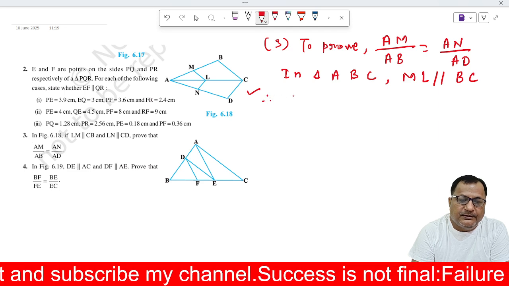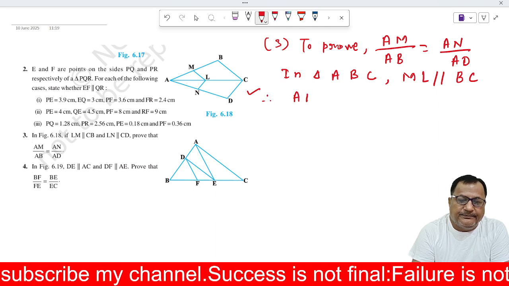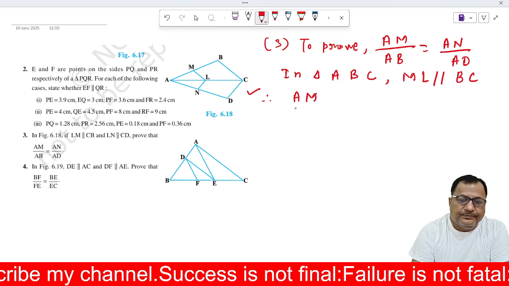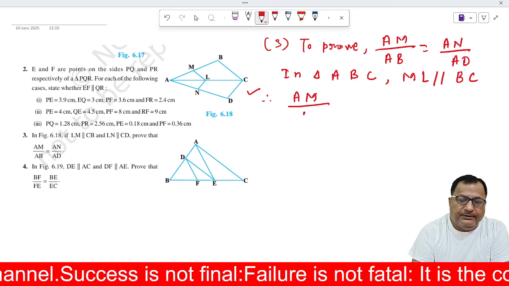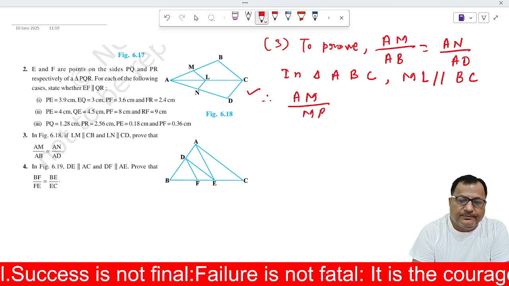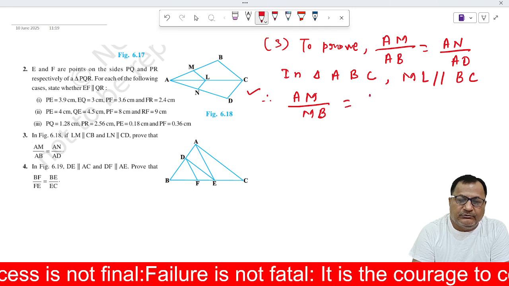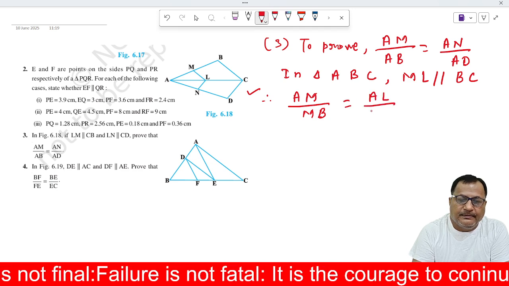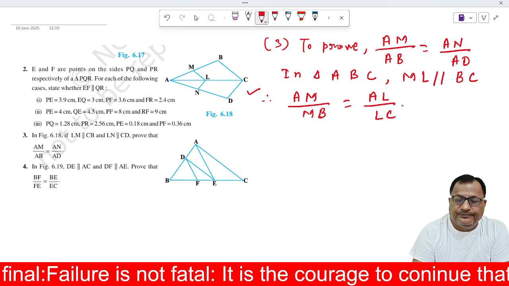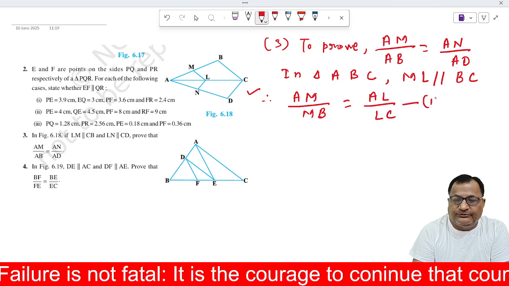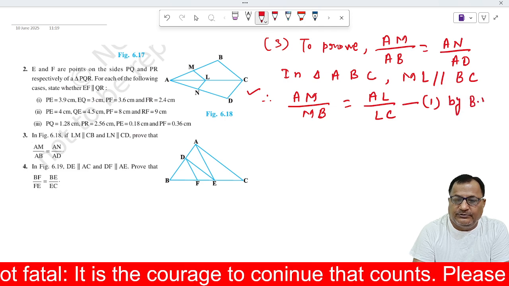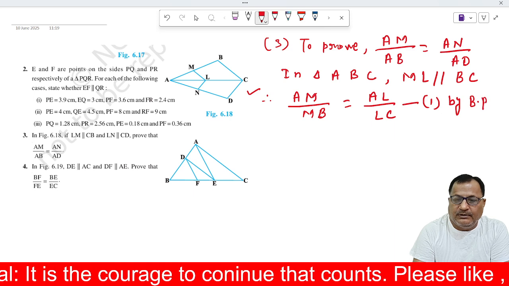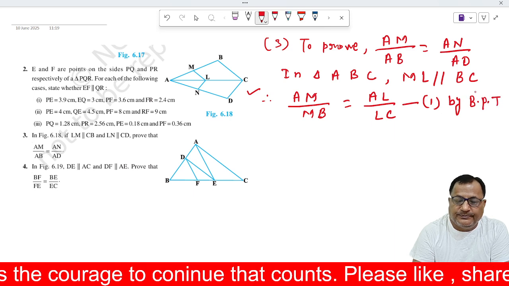Therefore, AM by MB is equal to AL by LC. This is 1, by BPT, the Basic Proportionality Theorem or Thales theorem.